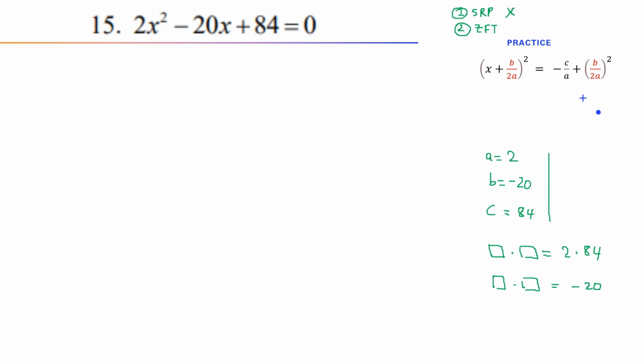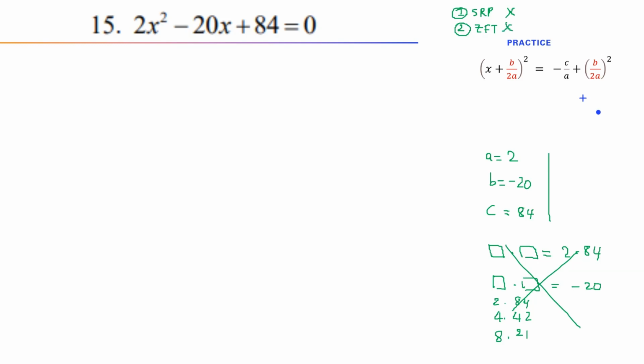We can have 4 and 42, or 8 and 21, or 2 and 84. It does not work, right? When you add up, it does not give negative 20. So the zero factor in this case does not work.